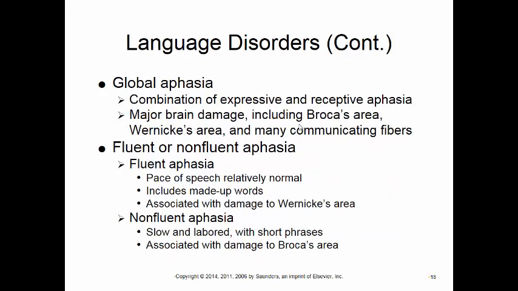Okay. Global aphasia is major brain damage, and we can also see fluent or non-fluent aphasia. Fluent is where the pace of the speech remains normal, so they're still talking, but they're making up words and it doesn't quite make sense. Non-fluent aphasia is where they're having difficulty speaking and can only say a few labored phrases.